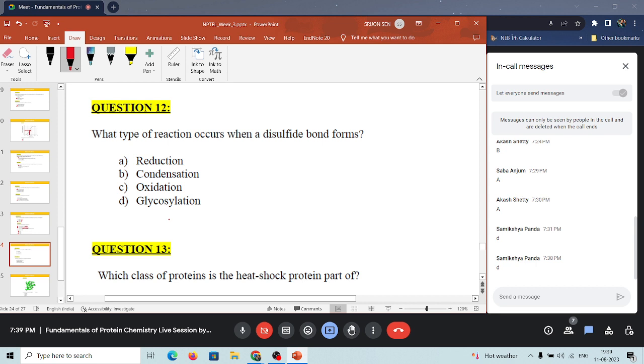These are basic level questions. These are questions which you can definitely get in your exams and your assignments. So these are easy questions. Quick answers for these.